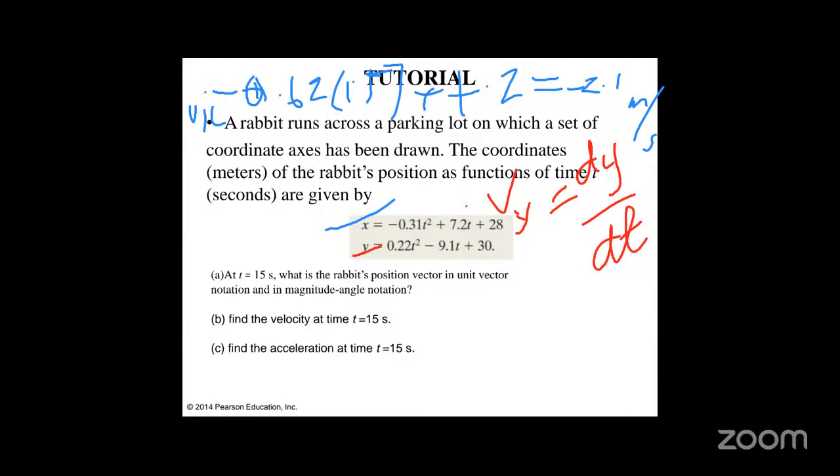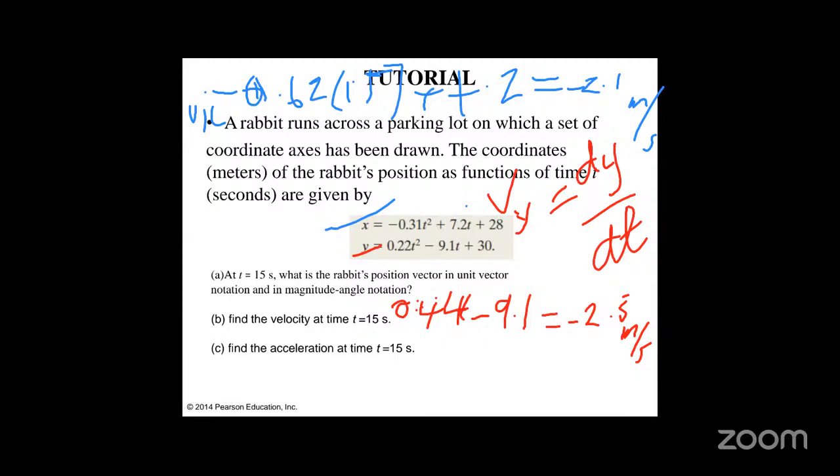So that will give us 0.22 times 2, 0.44 t minus 9.1. So if we substitute t as 15, it will give us minus 2.5 meter per second.